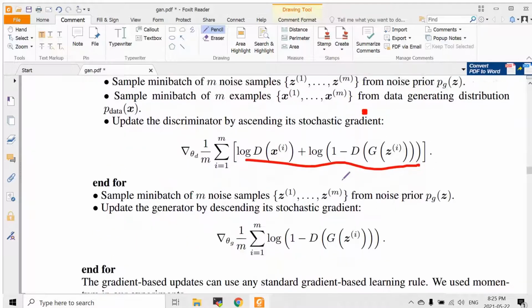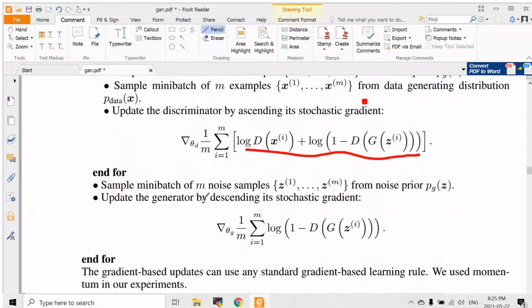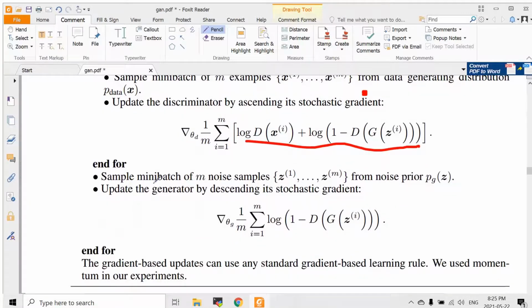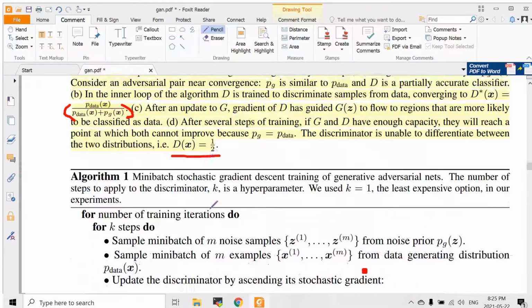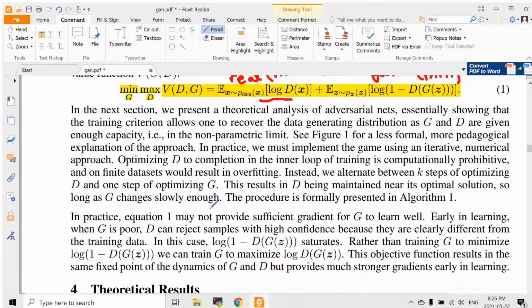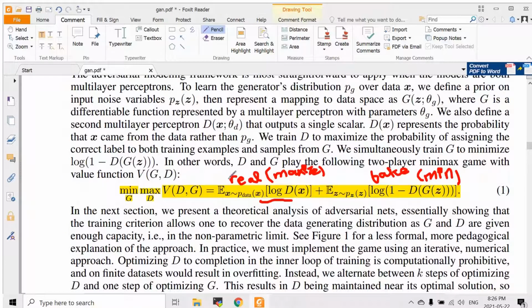Once you've done that, you sample a mini batch of M noise samples again, and you update the generator by descending its stochastic gradient. Now, this is the update step. You back propagate to the generator, as we saw in the value function as well. The first term is for the discriminator, and the second term is for the generator.